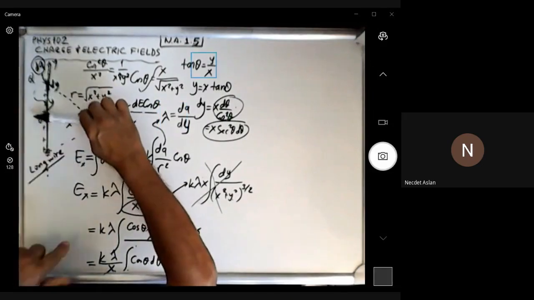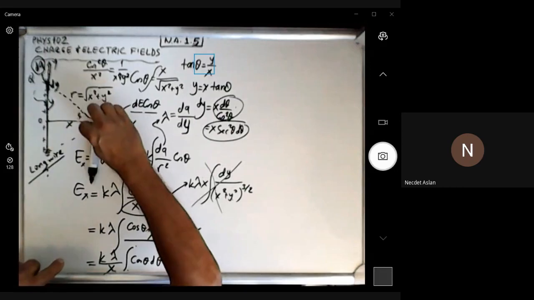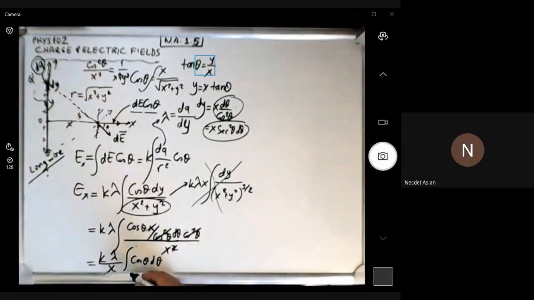Similarly, for the negative side, the angle will be minus pi over 2. So the limits will be from minus pi over 2 to plus pi over 2.